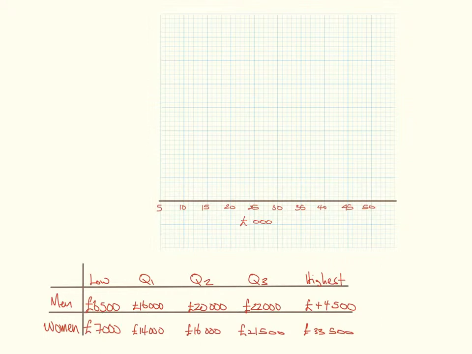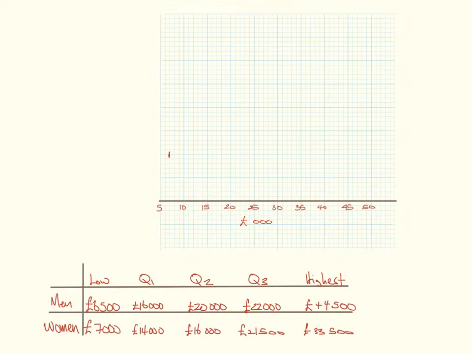So the lowest value was 7,000, so we know that 7,000 will come. So we got 5, 6, 7,000 will be there. So I'm just basically going to choose a spot and put a mark there. Actually, just undo that. Okay, so this is my 7,000 mark here.